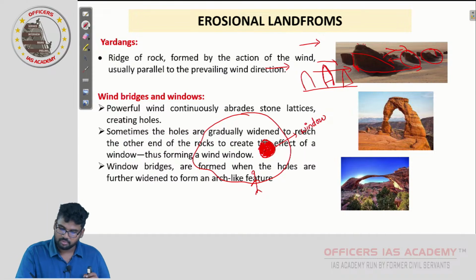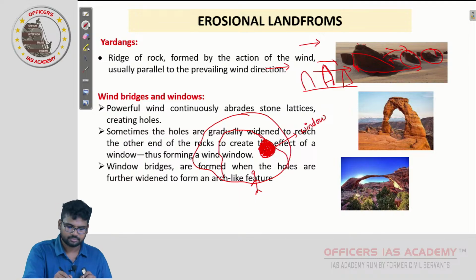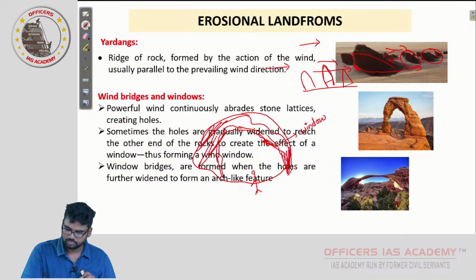Now let us say further erosion continues and removes more and more material. This entire thing has been removed, and only this thing is standing. Now the shaded one is standing, the hollow one is removed.